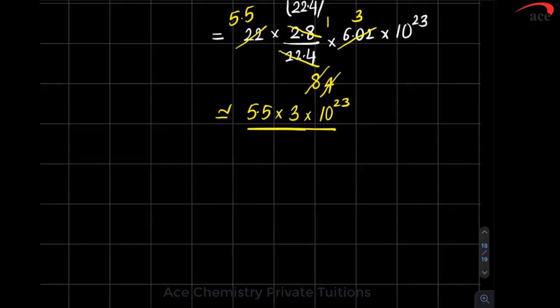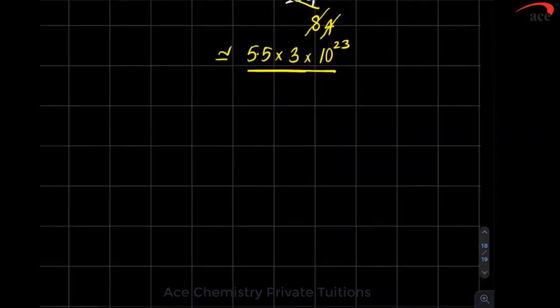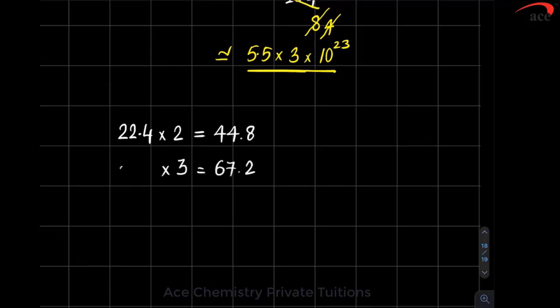Now many a times, algebraic calculations will require faster understanding. 22.4 is a common number. So for your faster calculation, remember multiples of 22.4. If you double it, it is 44.8. If you multiply by 3, it is 67.2. Then also remember, if you divide by 2, it is 11.2.